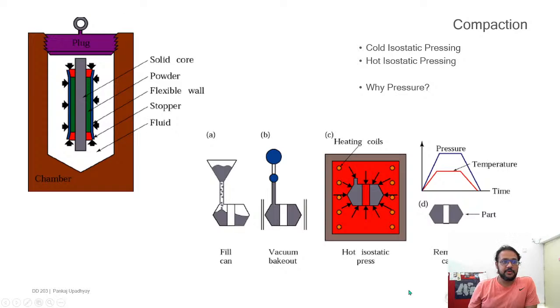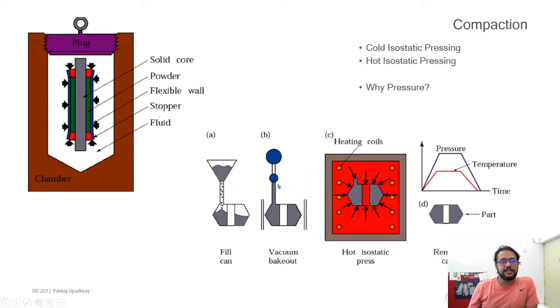So this chamber is here. First, what you would do is make this kind of a shell. The shell is mostly made out of sheet metal. In that sheet metal shell, you fill in the powder and ensure that you remove all the air and whatever impurities are there using vacuum or some other method.